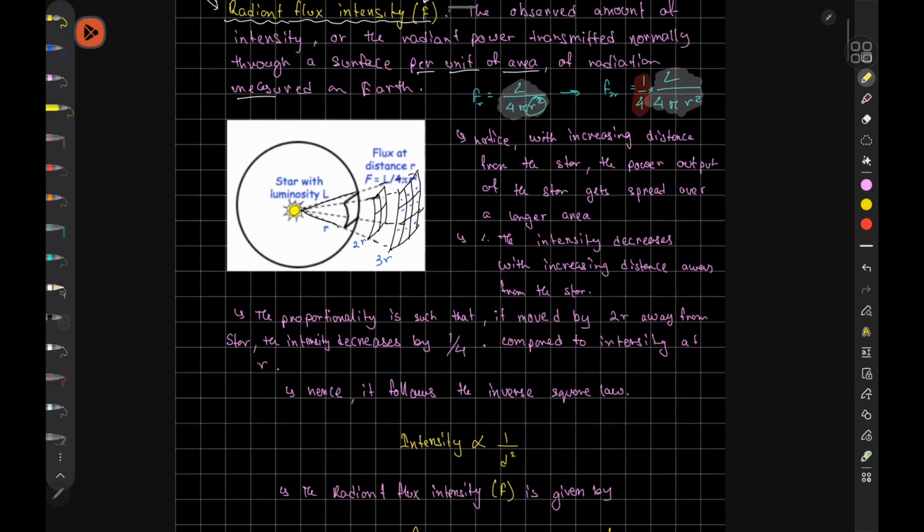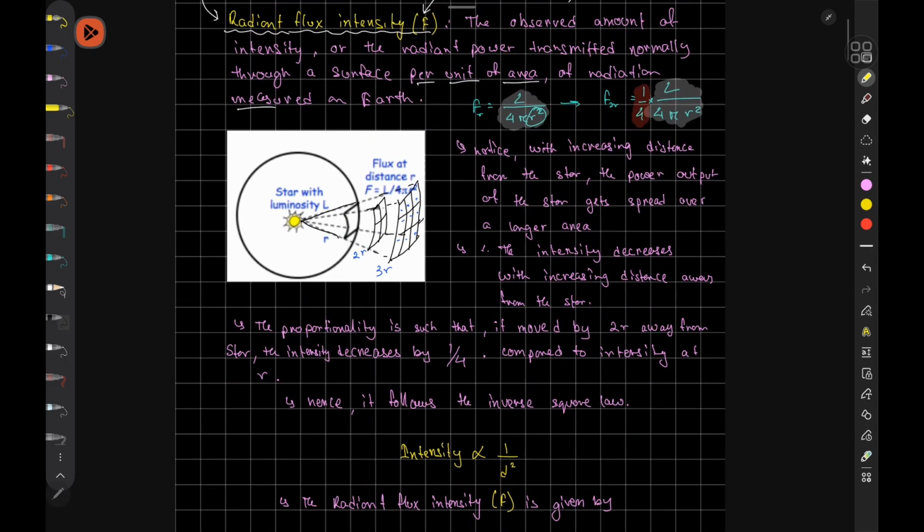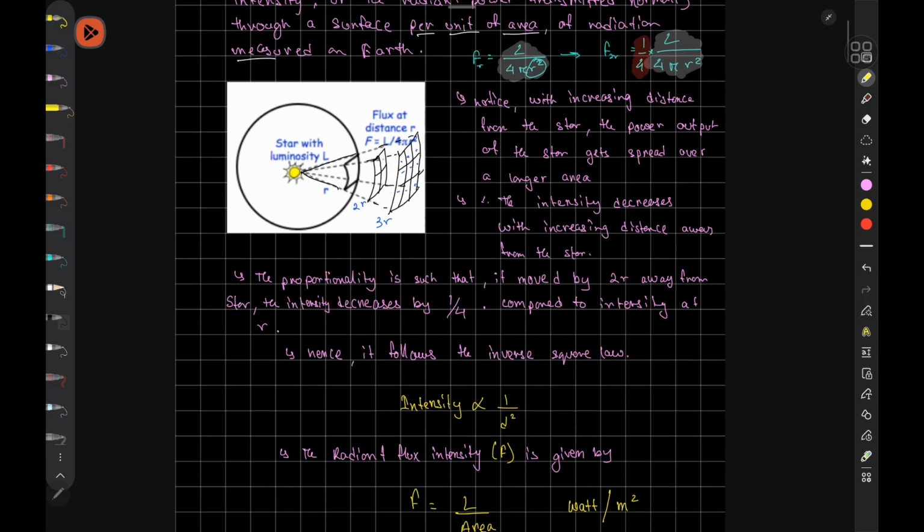I'm taking things very slow because I want to see the fundamentals over here. This is not a big chapter anyway, so I can take it a bit slow. So essentially intensity is decreasing, and in what proportion? Let's see again. From here to here, if I have increased the separation 3 times, so from r I've gone to 3r, how much do you think the intensity will decrease?